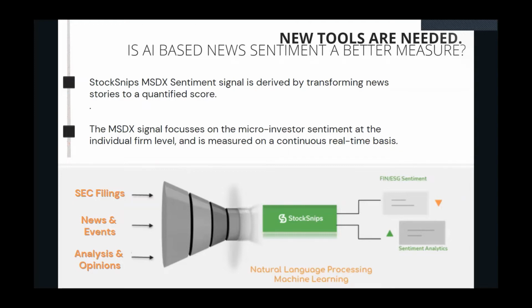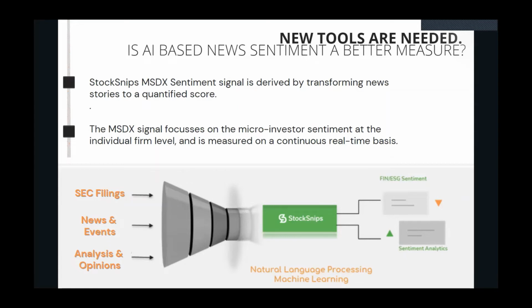The news snippets are then classified as positive or negative using a machine learning model. The S&P 500 sentiment comprises the aggregate of the ticker sentiment of the 500 components of the index. The model MSDX takes into account past and current sentiment by weighting source, volume, and frequency of news.